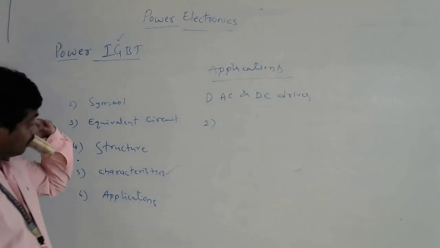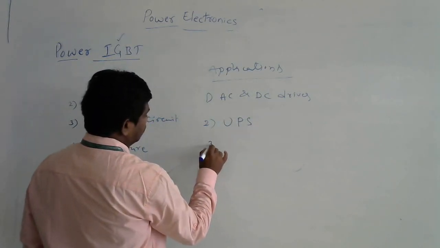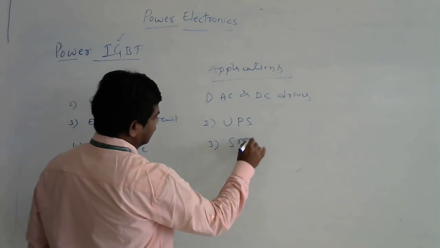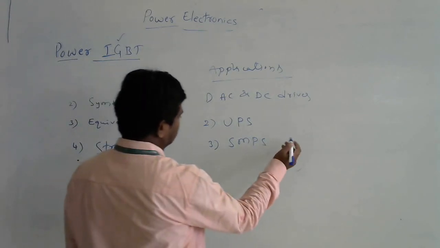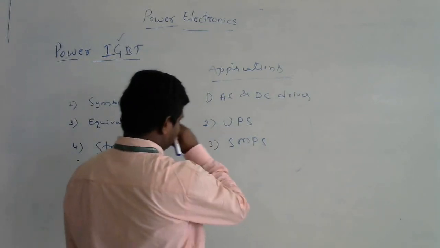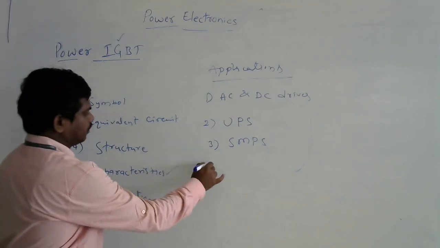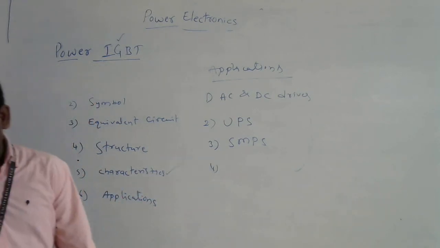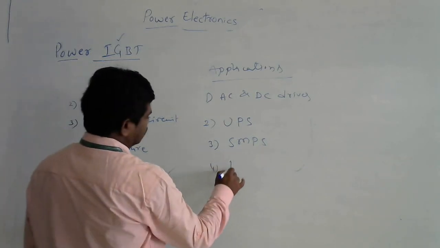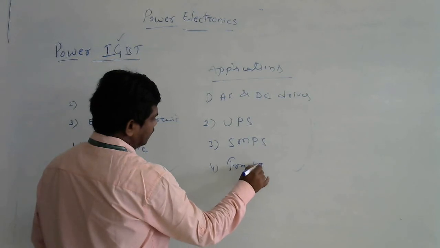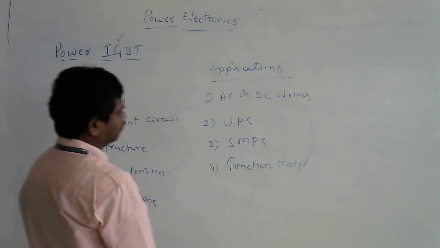Then UPS, uninterruptible power supplies. Then SMPS, which we see in our personal computers. SMPS means switch mode power supplies. Then you can use power IGBTs in traction motors, which you can see in railways.